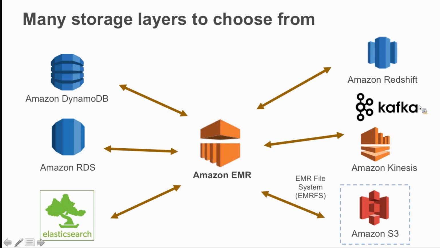Kafka for ingesting large amounts of data. And then, particularly relevant for today, is the Amazon Kinesis service, which allows for elastic capacity around ingesting data from outside the cloud into the cloud, where it can be processed and analyzed at large scale.